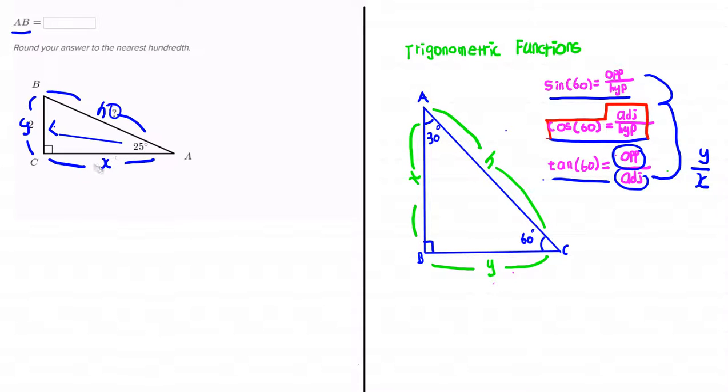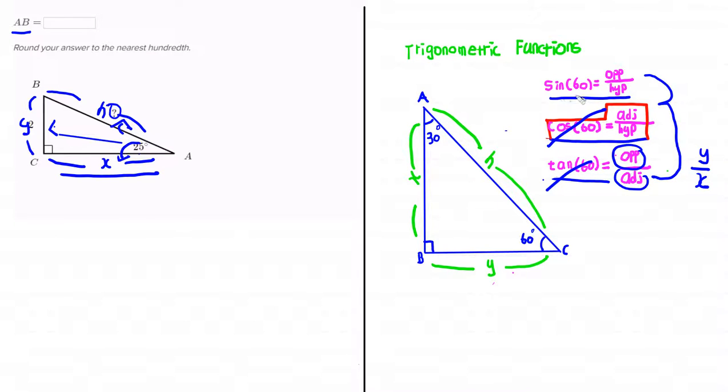But we don't know the value of x, so we can't apply tangent here. For cosine, it is adjacent over hypotenuse. We can't use cosine either because we don't know the value of the adjacent side. We also don't know the value of the hypotenuse.